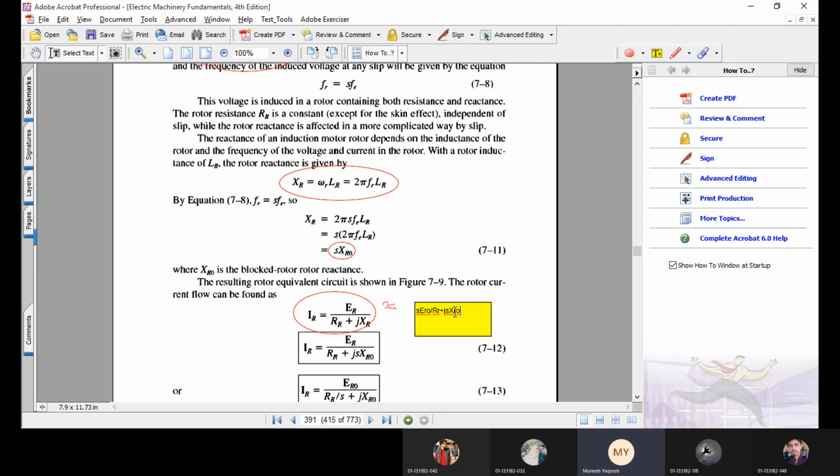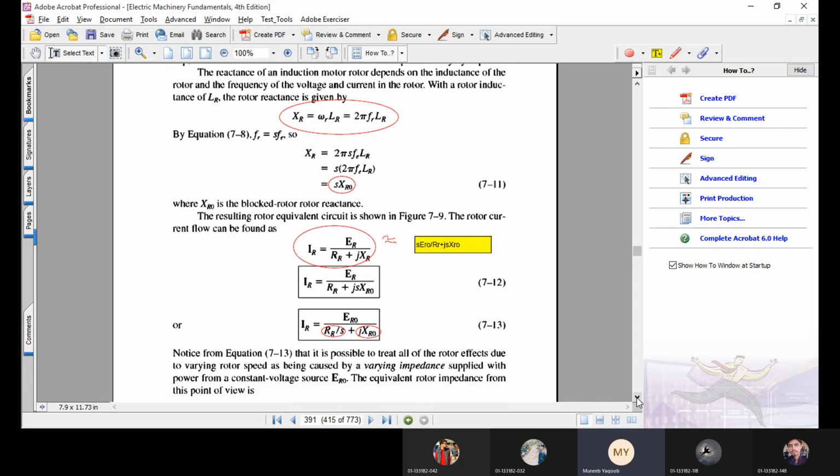So if RR is divided by S, we will get RR whole divided by S like this. And if we divide J S XR naught with S, S will be cancelled with S, so we will be left with JXR naught. That is here. So hence they got equation 7.13.